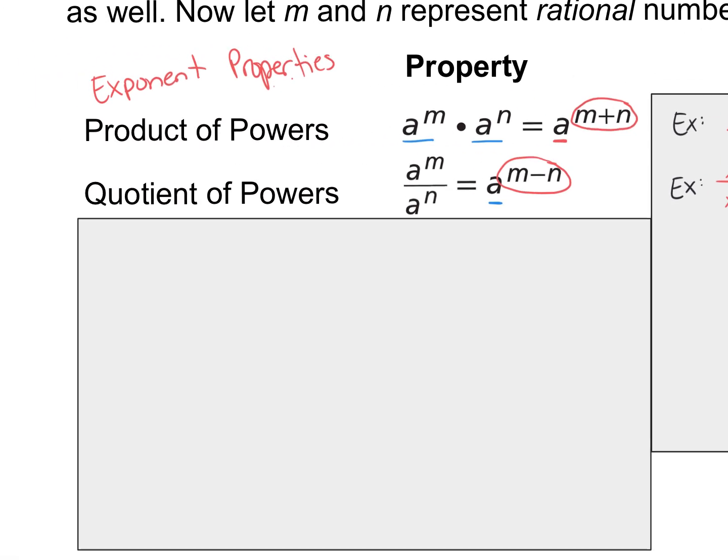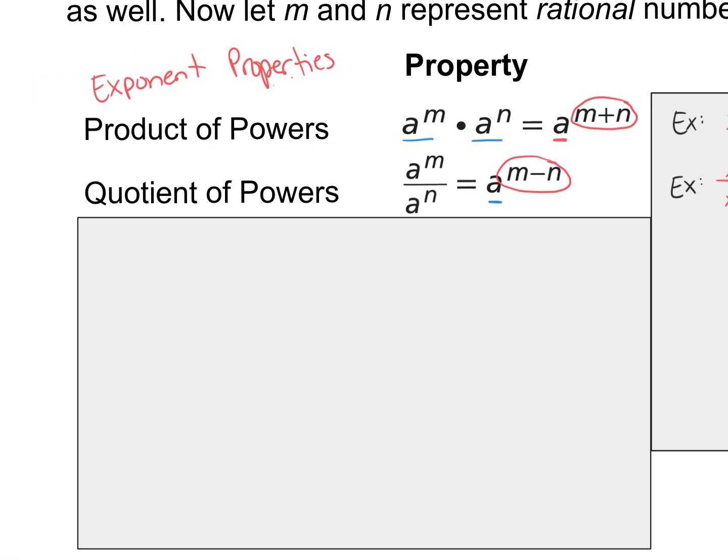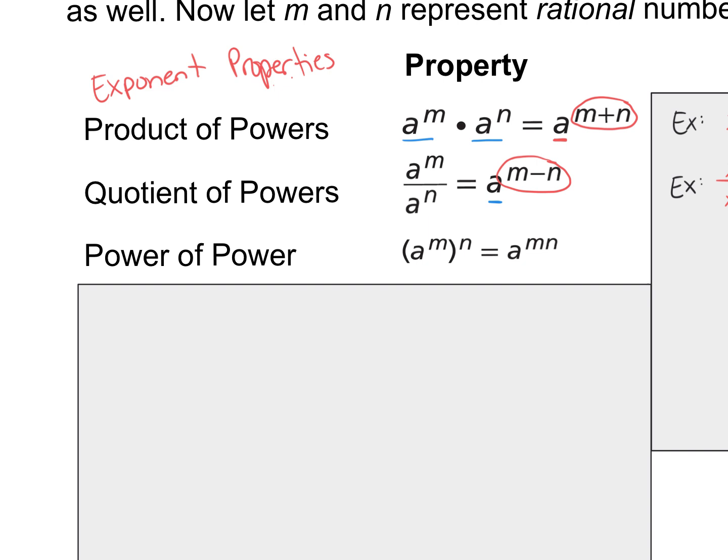The next one is power of a power. Again, what does power mean? Exponent, right? So do you agree this can also say exponent of an exponent? Okay. Looking at our model here, what do you notice?